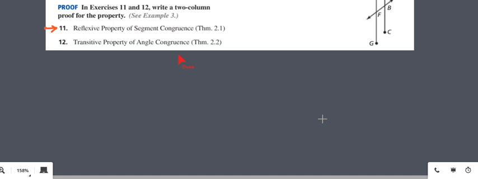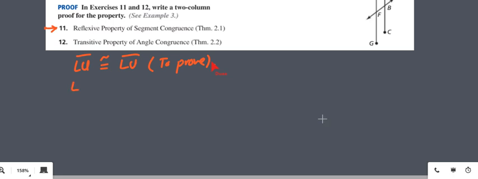What does it mean? What is the reflexive property? The reflexive property is that if we are given the segment LU, then it is congruent to LU. This is what we have to prove. But what are we given?